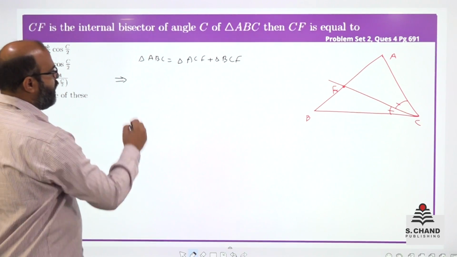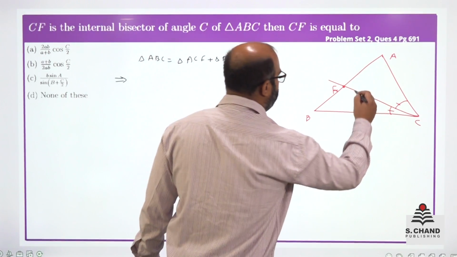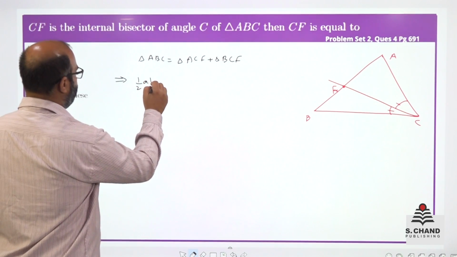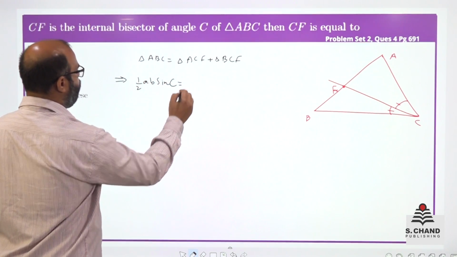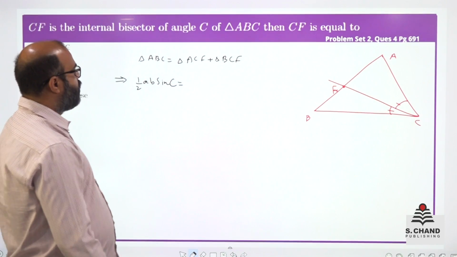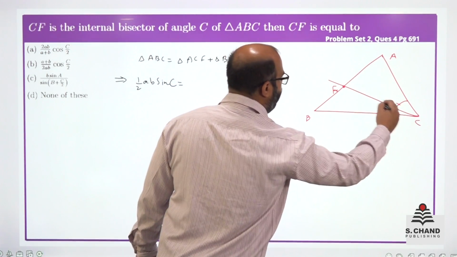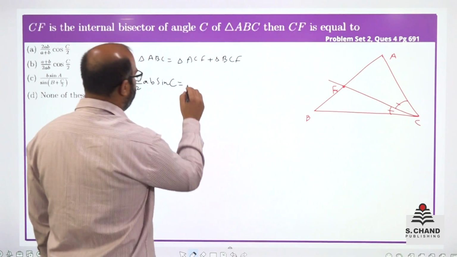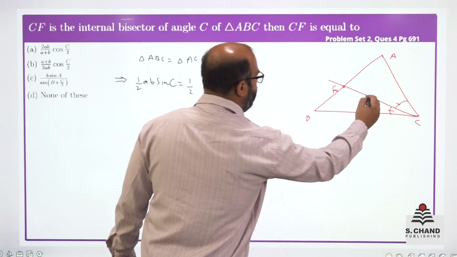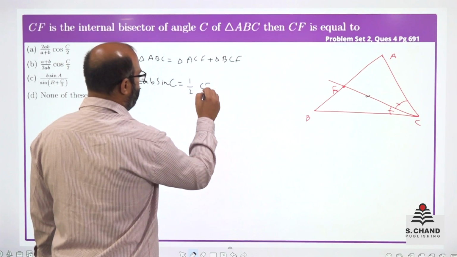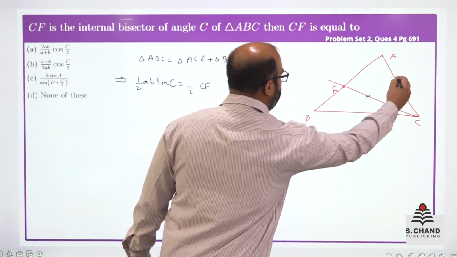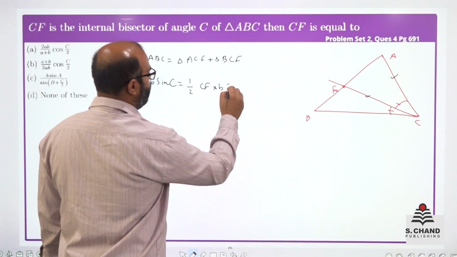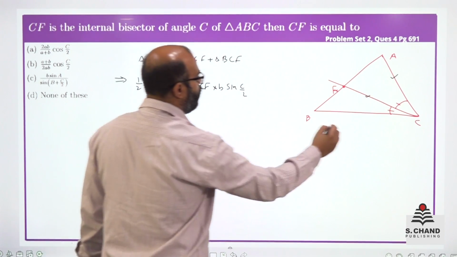Now the area of triangle ABC, if you want to find, is half into AB into sin C by the formula of area of a triangle. Triangle ACF, this small triangle, will be half into this side CF and this side which is actually B, into sin C by 2, which is this angle.